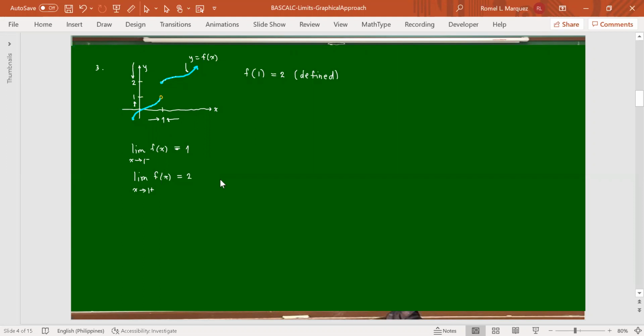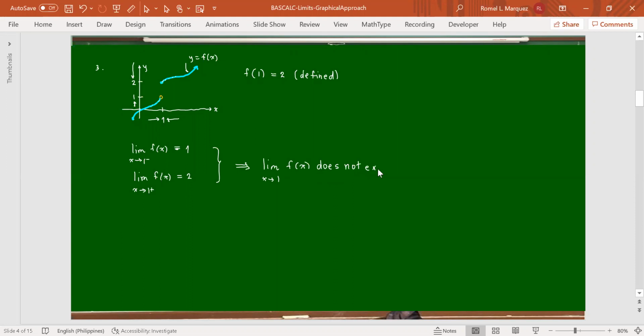No. As I travel along the curve coming from the right and from the left of 1, I did not get the same value. So we say that the limit as x approaches 1 of f of x does not exist.